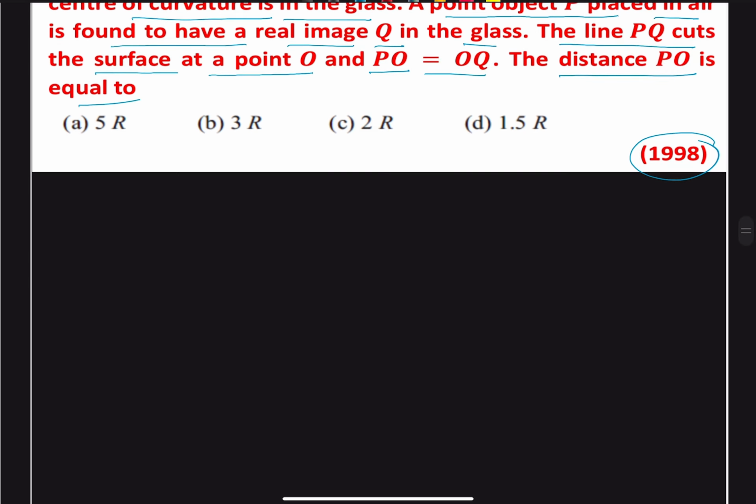So first of all we can draw an approximate figure. We are given that there is a lens something like this, and this is the principal axis. We have a point O, and we have a point object at P, and the image is formed at Q, and it says that PO is equal to OQ, and we can just draw the ray diagram.